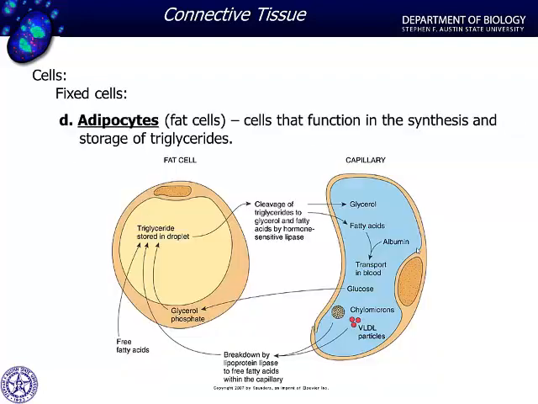Now, the fourth type of fixed cell, and this is the one that we probably are more familiar with than the myofibroblast and the pericytes. These are the adipocytes, commonly referred to as fat cells. And they are going to function in the synthesis and the storage and then the release of triglycerides. This is our storage form of our phospholipids and fatty acids that are going to be used in the body to produce energy.